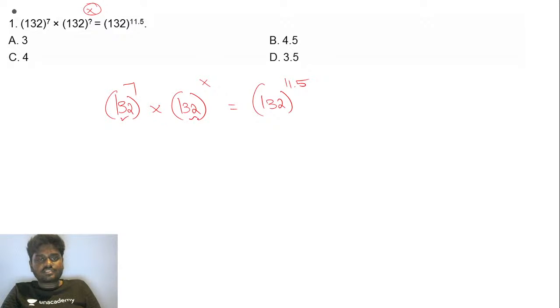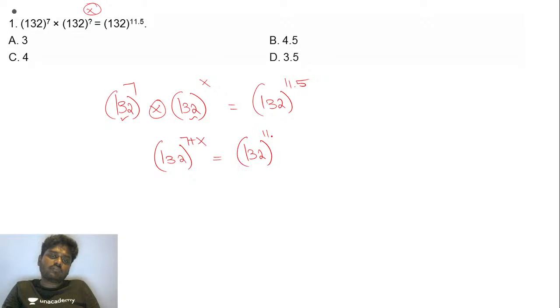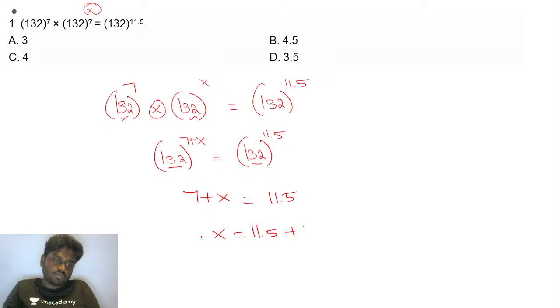If the bases are same and they are in multiplication, you need to add the powers. So it's going to be 132 the whole power 7 plus x is equal to 132 the whole power 11.5. And if the bases are same on both sides, simply equate the powers. So 7 plus x is equal to 11.5, which means x is equal to 11.5 plus 7. Sorry, not plus. It is minus 7.